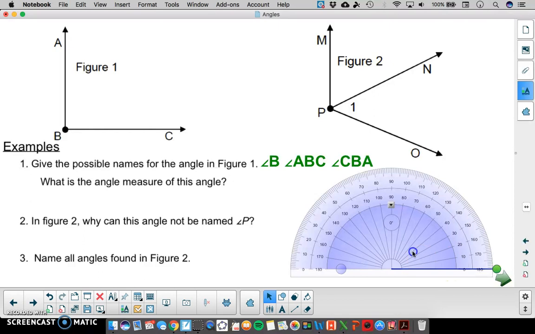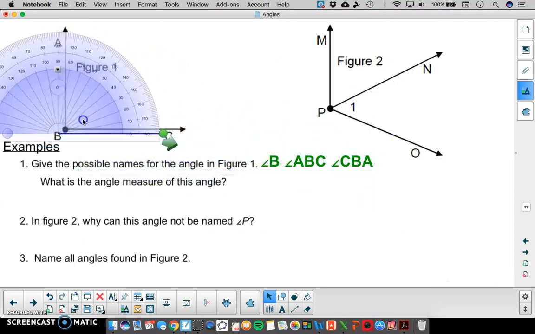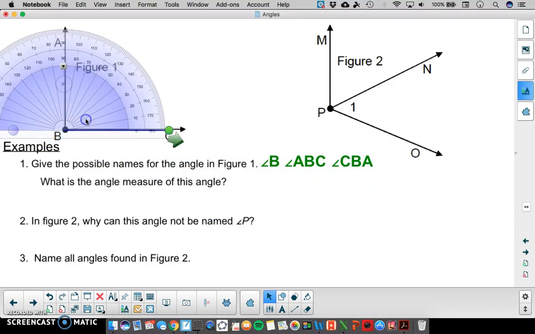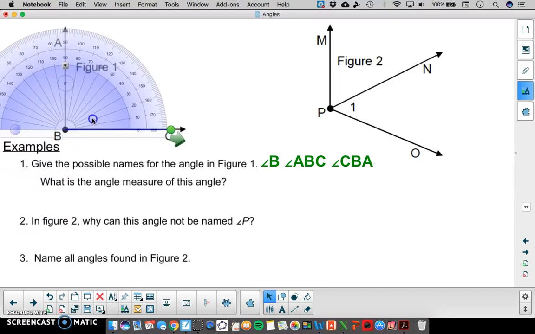So let's use this protractor to measure this angle. So I'm going to line up the vertex on the vertex of my angle and line up one of the sides, that ray, with 0. Now I'm going to count from 0 the amount of degrees that that angle opens up to. So it's the amount of curve within that angle that we're measuring.